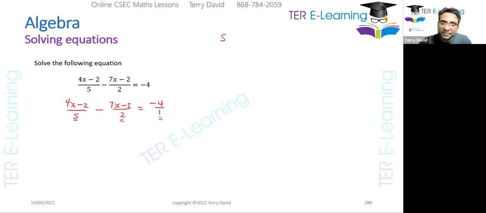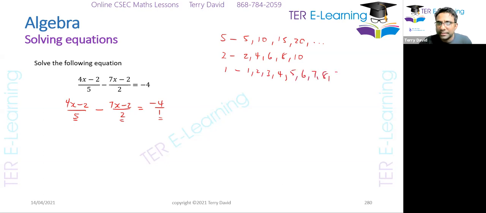In the case of 5, my multiples will be 5, 10, 15, 20, and we keep going until infinity, right? In the case of 2, we can go with 2, 4, 6, 8, 10, and we keep going. In the case of 1, like I told you all, it's 1, 2, 3, 4, 5, 6, 7, 8, 9, 10, 11, and we keep going.